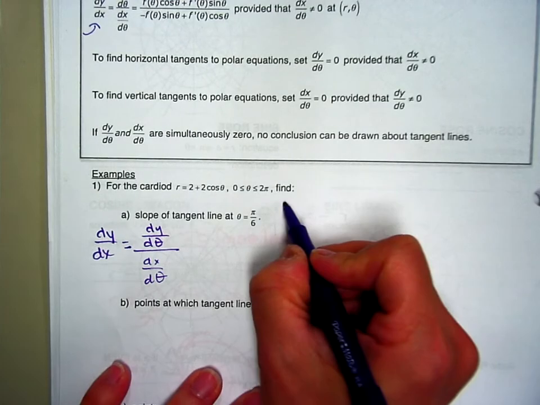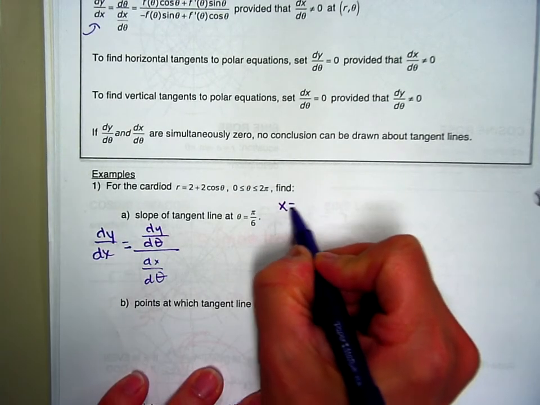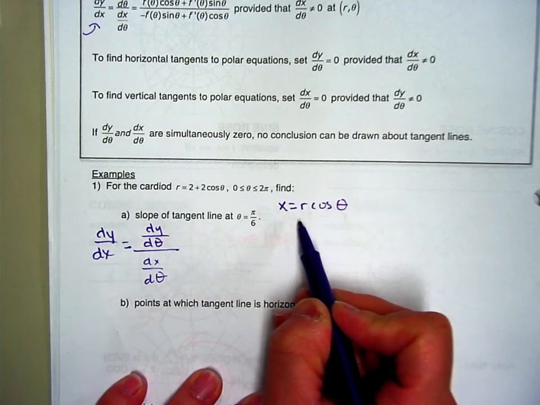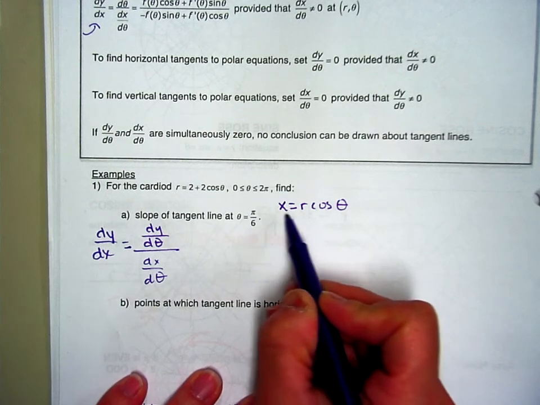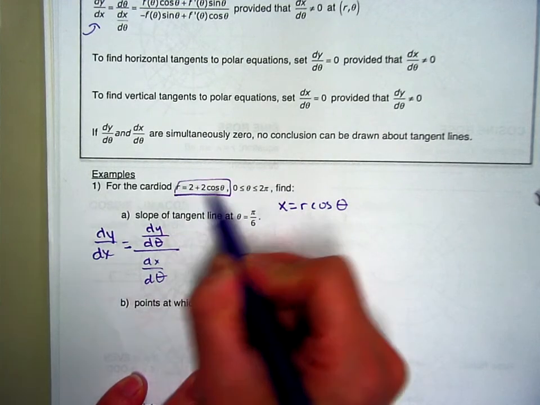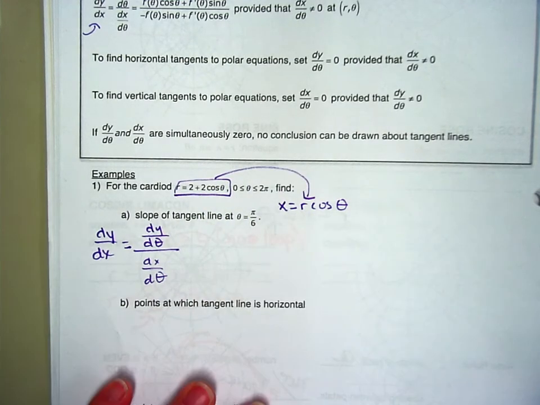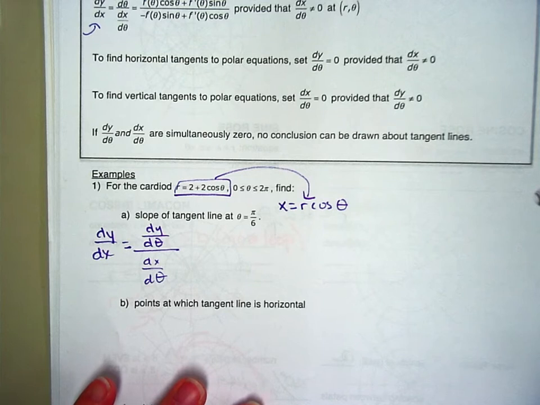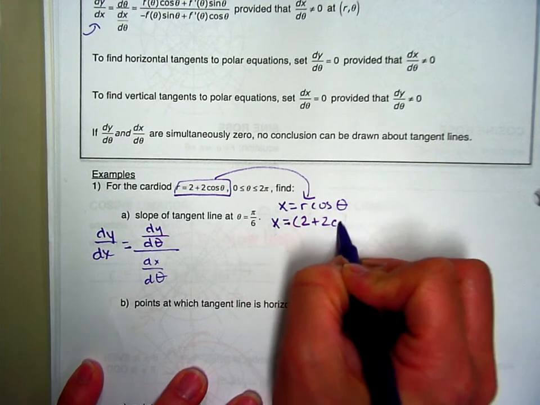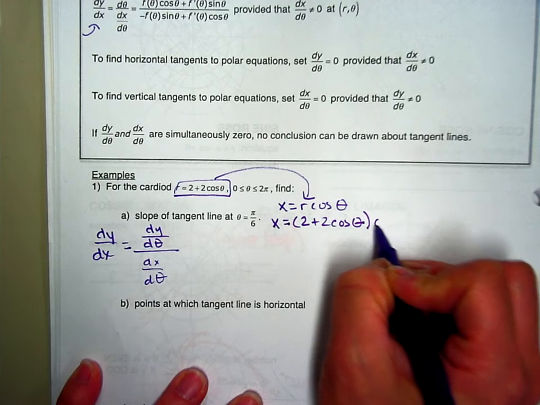So I'm going to start with x equals r cosine theta. In order to come up with dx/d theta, I want this equation to be just in terms of x's and thetas. My r is given as 2 plus 2 cosine theta, so I'm going to substitute that in there. So x is really 2 plus 2 cosine theta times cosine theta.